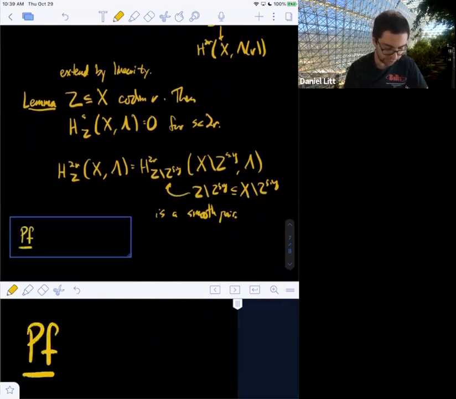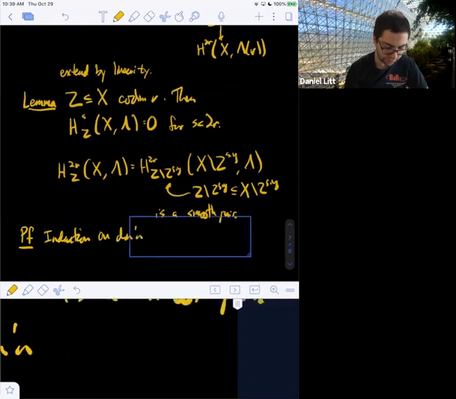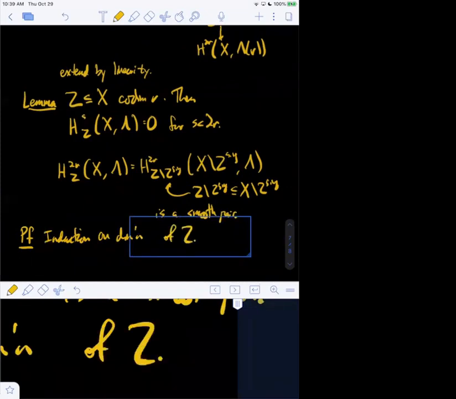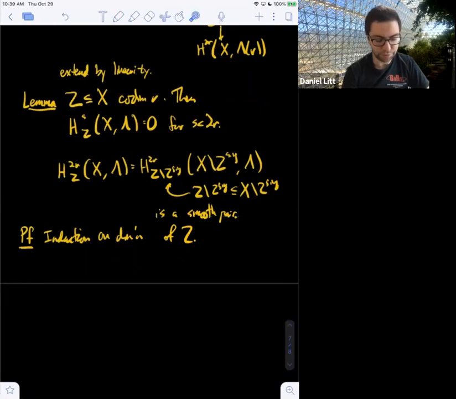Okay, and I won't say much about the proof. The proof is an induction on the dimension of Z, and you cut out again. So you delete those. I'm really sorry, you guys. This is very annoying. Anyway, I was just saying the proof is you filter by the singular locus.